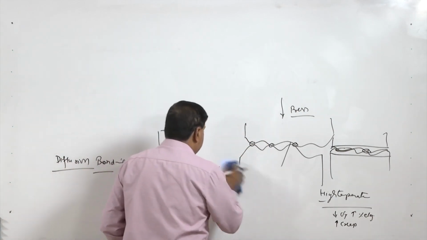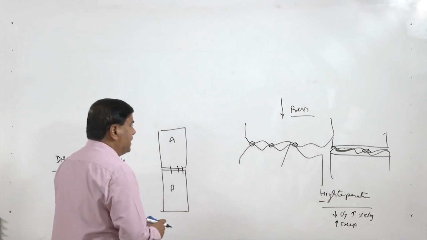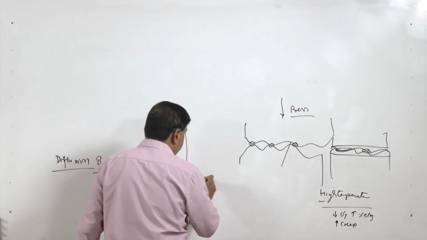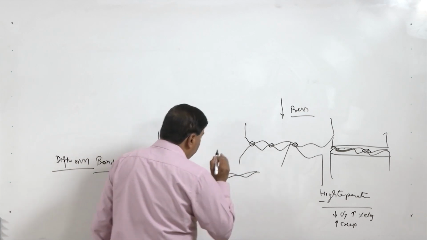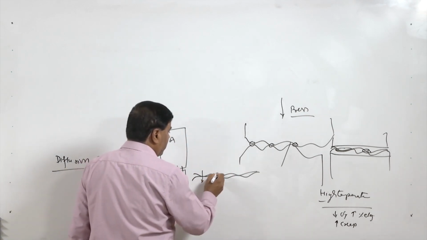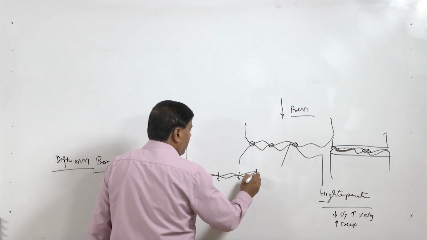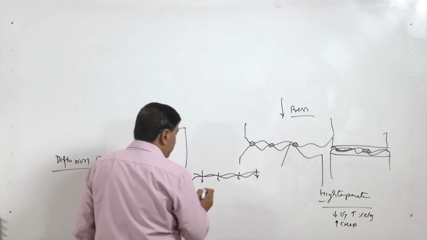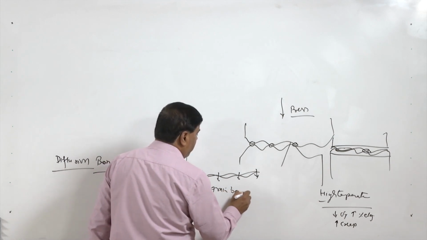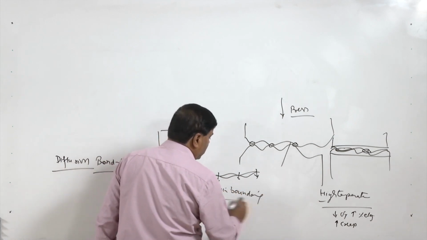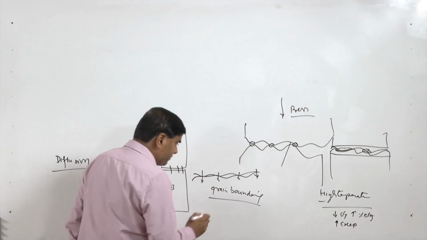increases. Once the metal to metal contact increases, the diffusion across this starts, like say most of the things are in metallic contact. When the diffusion starts, the grain boundary formation takes place. So, grain boundary formation across the interface occurs.